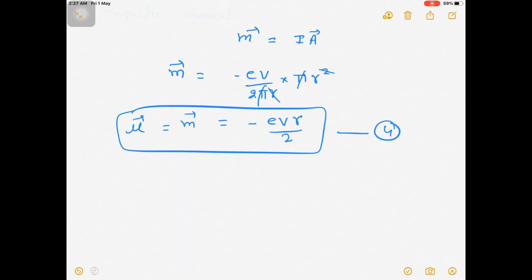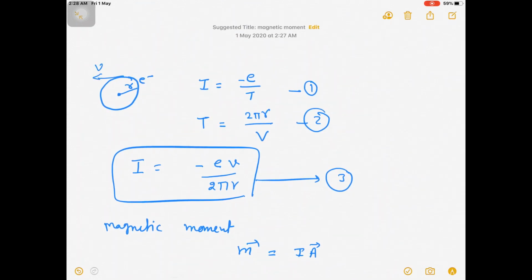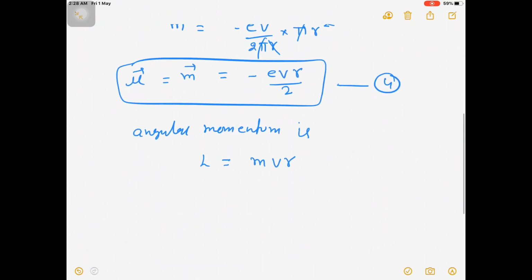Now you can remember that angular momentum is given by capital L equals m v r, because in this situation velocity is always perpendicular to the radius vector, and L is nothing but r vector cross p vector, so r vector cross m v vector, but r and v are perpendicular, so we get m v r.